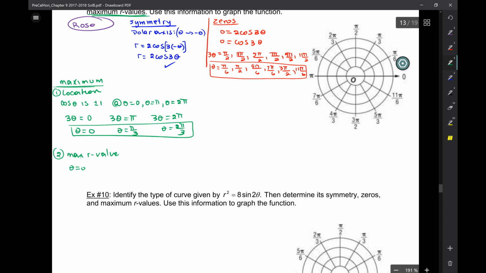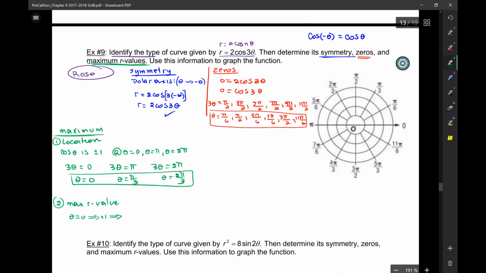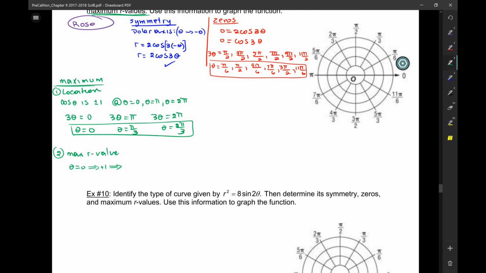Theta equals 0, I get positive 1, which means in my value, this is 2 cosine 3 theta, it's going to be the positive maximum, positive 2. Right? At pi, you get negative 1, so that's going to be negative 2. Right? And then at 2 pi, it's going to be positive again.